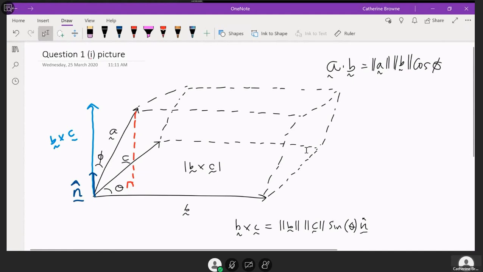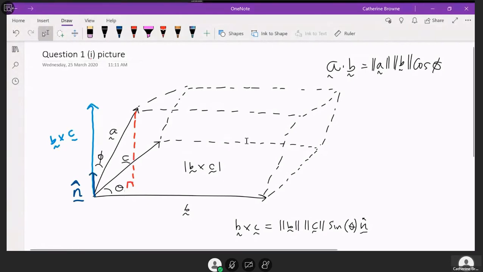You take the dot product and you're sort of projecting A onto this direction here. You get the height of the shape, and so you've got the base times the height, and that's why the scalar triple product geometrically is the volume of that shape. Does that make sense to everyone?